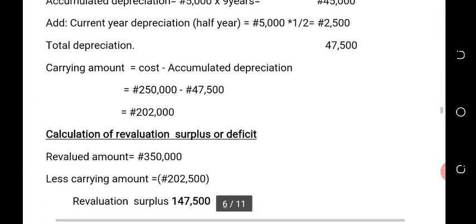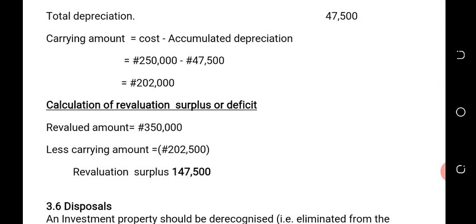So here we have to calculate our revaluation surplus, because this is not a fair value gain or loss, since the asset was previously used as owner occupied property. That is why the difference between the revalued amount, which is the fair value of 350,000, and our carrying amount is 147,500.